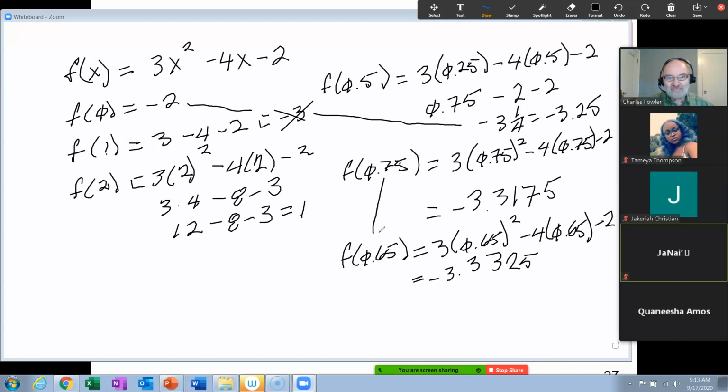Let's just call it negative 3.3, okay? Because that rounded is negative 3.3. In your book, you'll notice they got negative 3.33, which this is awfully close to, okay? So that's going to be close enough.